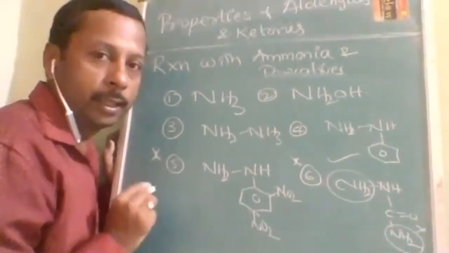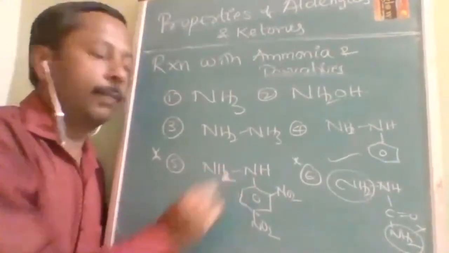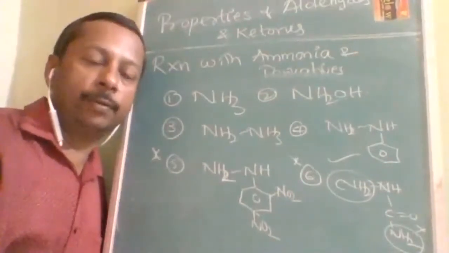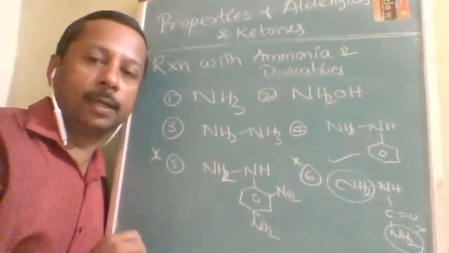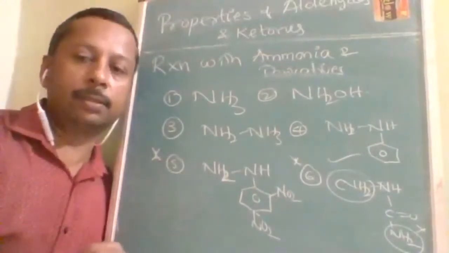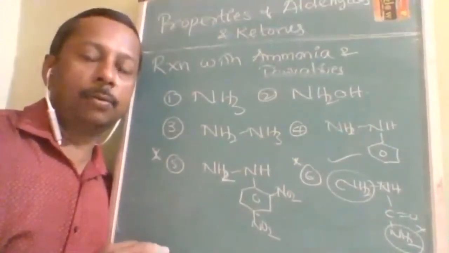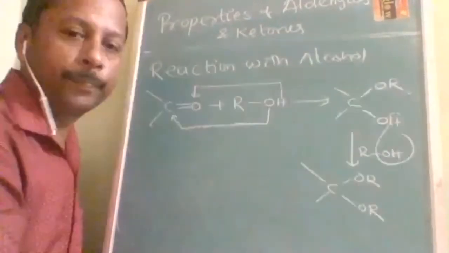It is used to detect the presence of a carbonyl group in the given molecular formula. If it is said that the compound does not give the DNP test, then you should confirm that it is neither aldehyde nor ketone. If it gives the test, it will be an aldehyde or ketone. Is it understood? Any doubt about this?